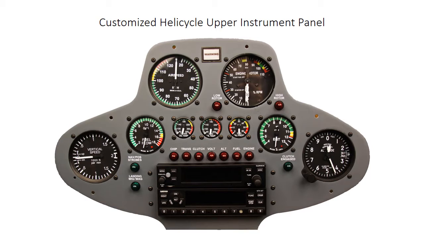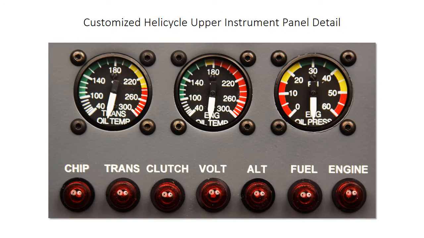Now let's take a look. We'll drill down and we'll look at the center of the panel in this area here. Here you can just see a better look at the small 1 1/4 inch indicators in the middle of the panel. Transmission oil temp, engine oil temp, and engine oil pressure left to right, and 7 of the indicator lights down at the bottom.